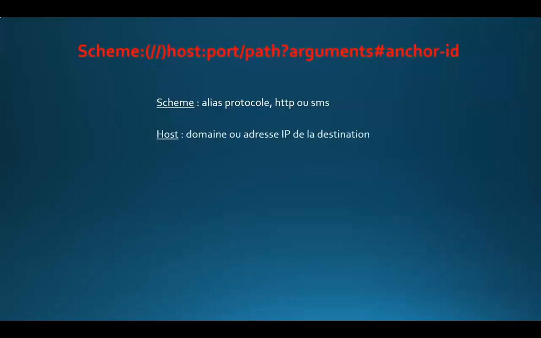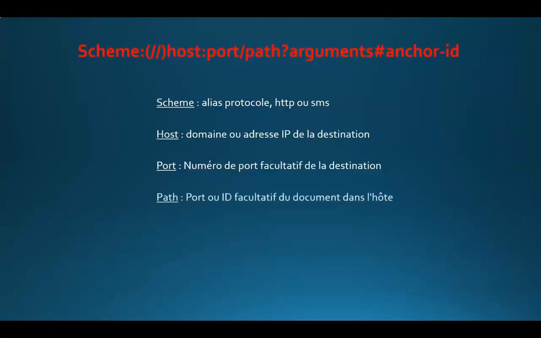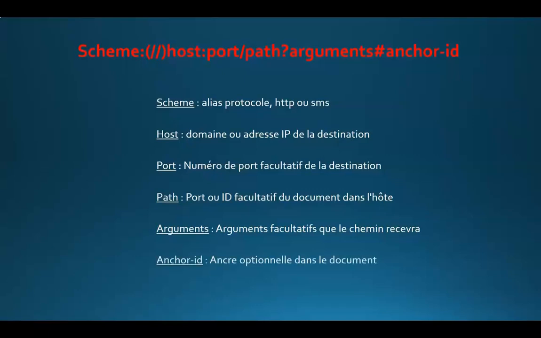Then we have the host, which is the domain or IP address of the destination. Then comes the port, which is an optional port number of the destination. The path is the optional ID of the document in the host. Then optional arguments that the path will receive. And the anchor ID, which is the optional anchor in the document.